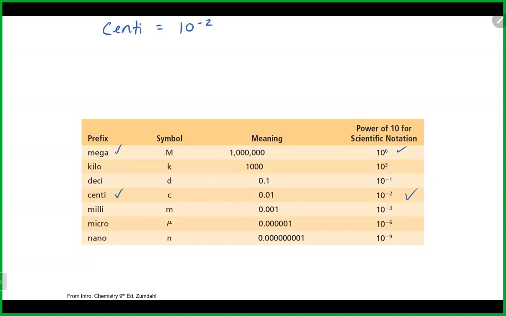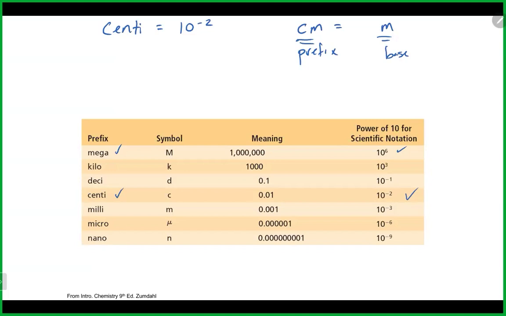So when we look at a prefix unit and the base unit of what it is, let's just look at centimeters and meters. Centimeters is the prefix unit. Meters is the base unit, right? The base unit there is meters in both cases.